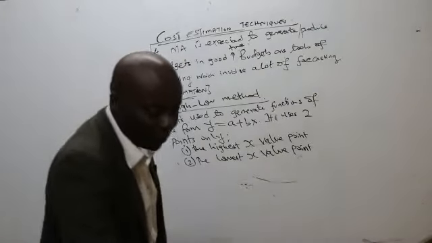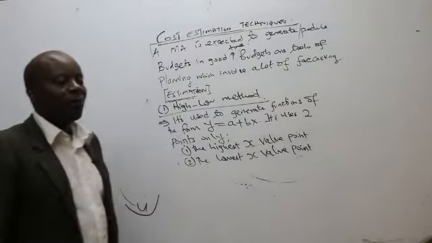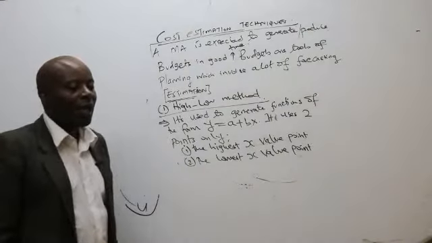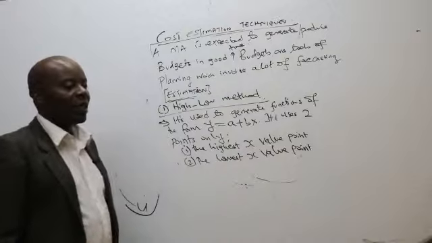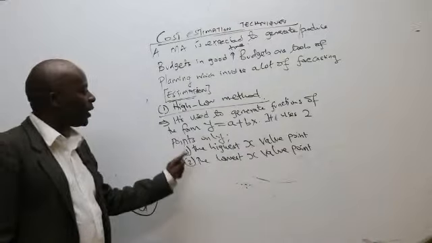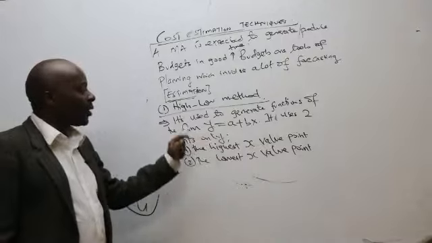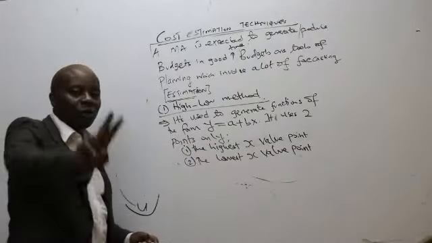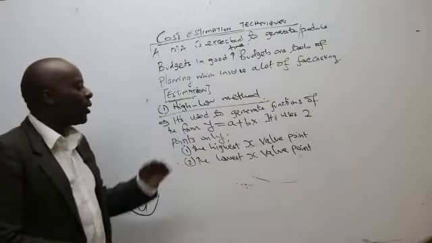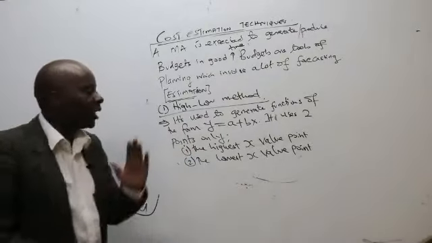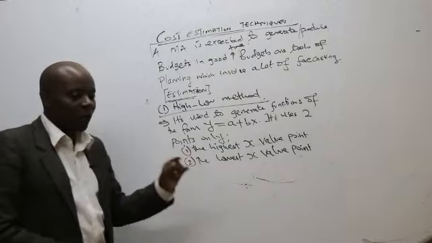And then number 2, we have the lowest X value point. Very important for us to make note of this, that a high-low method makes use of how many points here to come up with this straight line function? It makes use of 2 points only. And these 2 points are which ones? Number 1, we have the highest X value point. And then number 2, we have the lowest X value point.